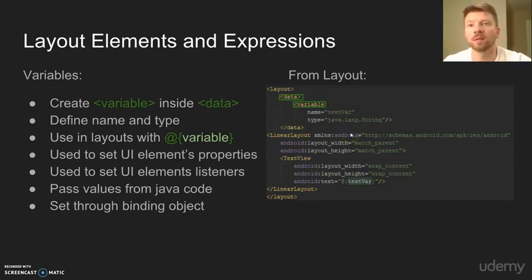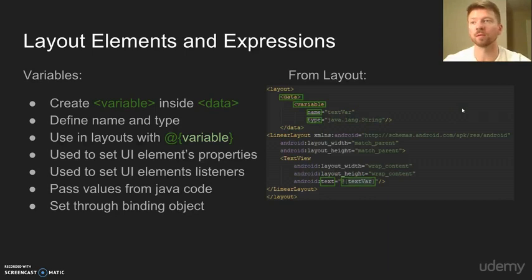So we have to define the name for our variable. Here it is textVar, and the type, which is a string, but it can also be any complex object like any model. You just have to give it a fully qualified name, meaning package and then the class name.